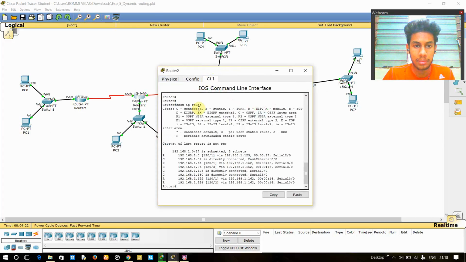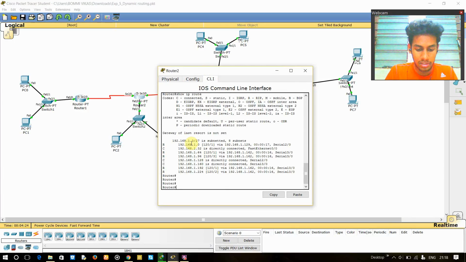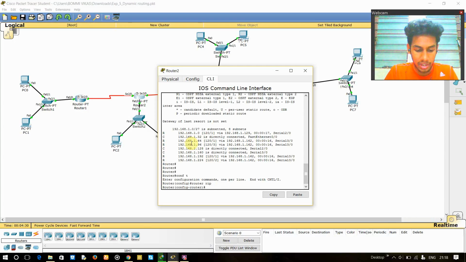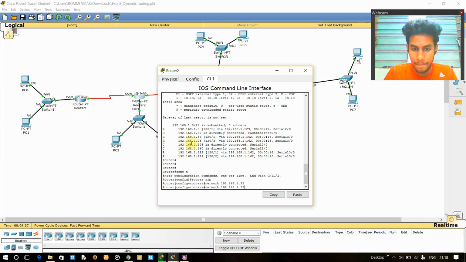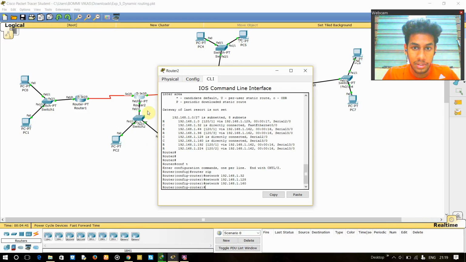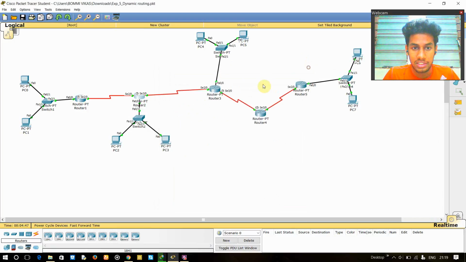So here the command line interface would be config t, router RIP, and network 192.168.1.32, 128, and the other was 160. So these are the 3 networks connected to router 2, and similarly we are assigning each of the routers their own networks.